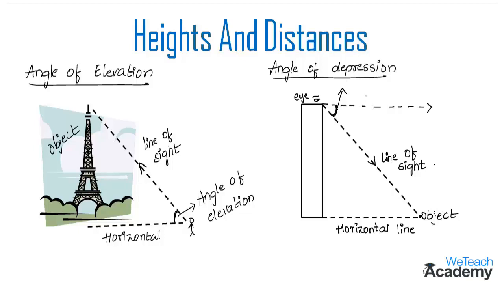The main difference between angle of elevation and angle of depression is that the observer's eye observes the object in the upward direction in case of angle of elevation, and in case of angle of depression, the observer observes an object in the downward direction.